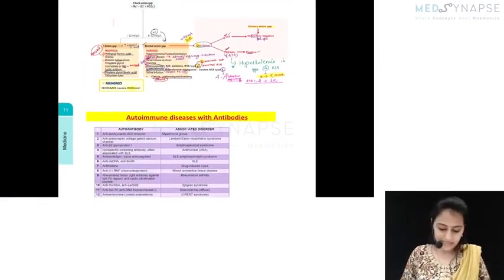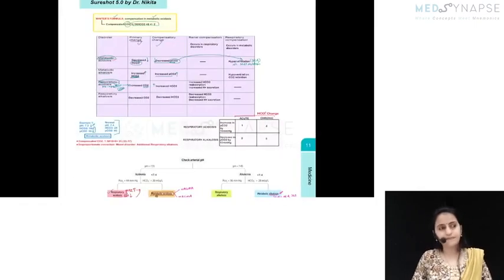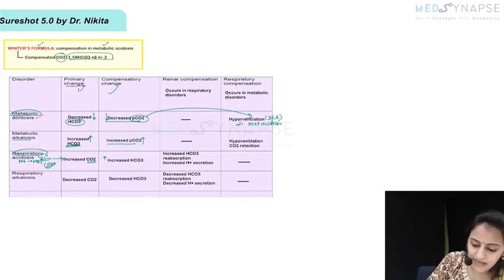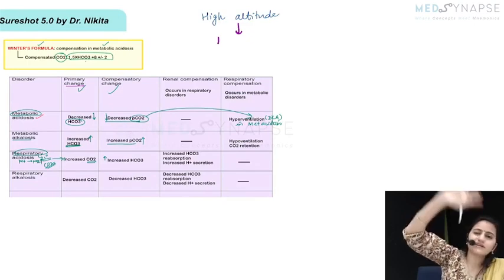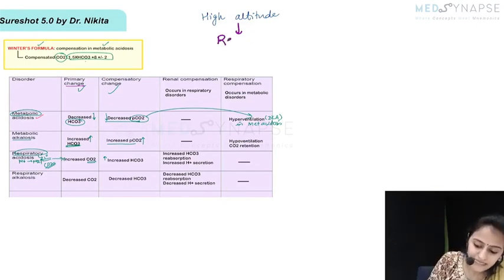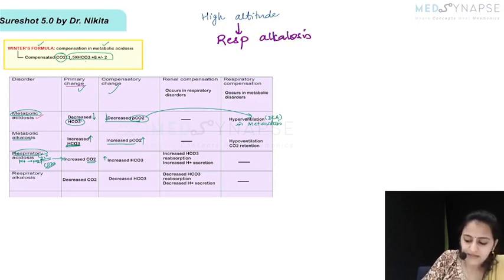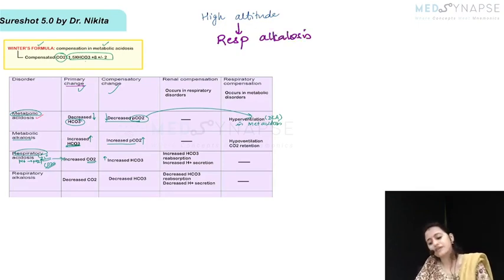Right, so done with the acid-base disorders. So tell me that at high altitude, what acid-base disorder will you see? High altitude. जब हम ऊपर जाते हैं, ऑक्सीजन कम है तो we hyperventilate, respiratory alkalosis. How should I compensate for respiratory alkalosis?